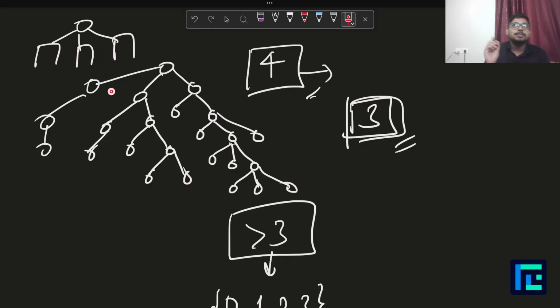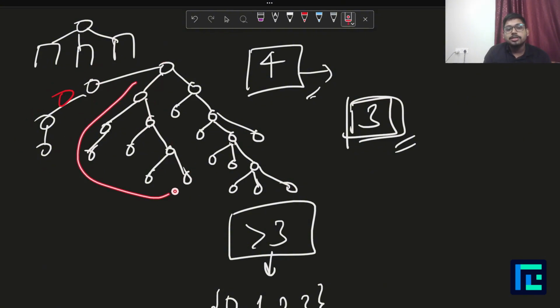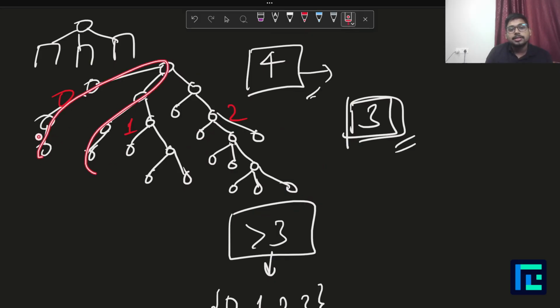In this subtree somewhere you keep 0, in this different subtree of this root node somewhere you keep 1, and in this particular subtree somewhere you keep 2. If you do that, then you would never have a path containing all the three.